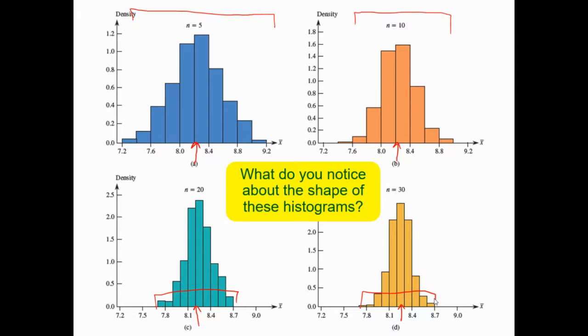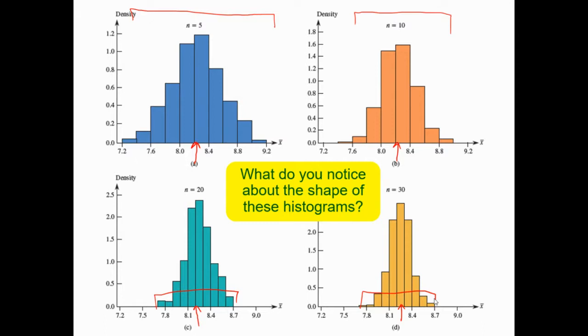And then, last question of this triplet of questions. What do we notice about the shape? They're all almost symmetrical, but more particularly, they're normal. Which normal is symmetrical?